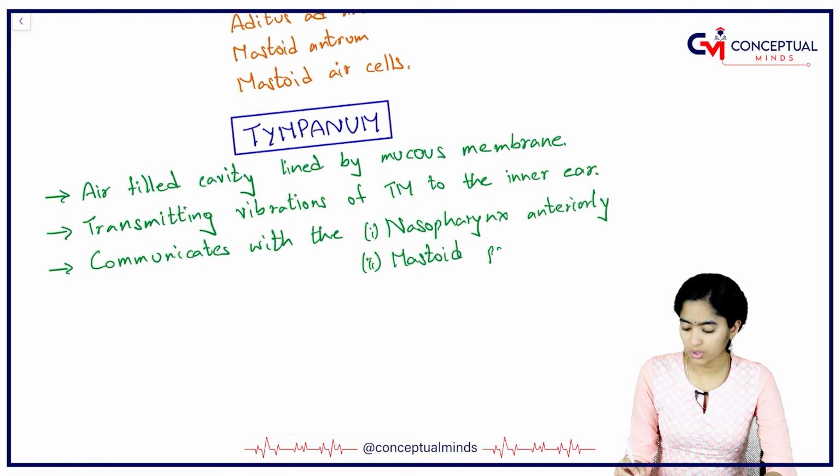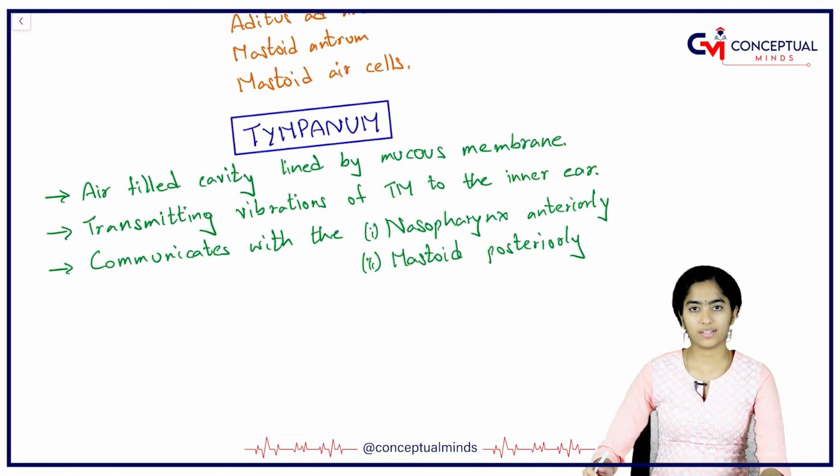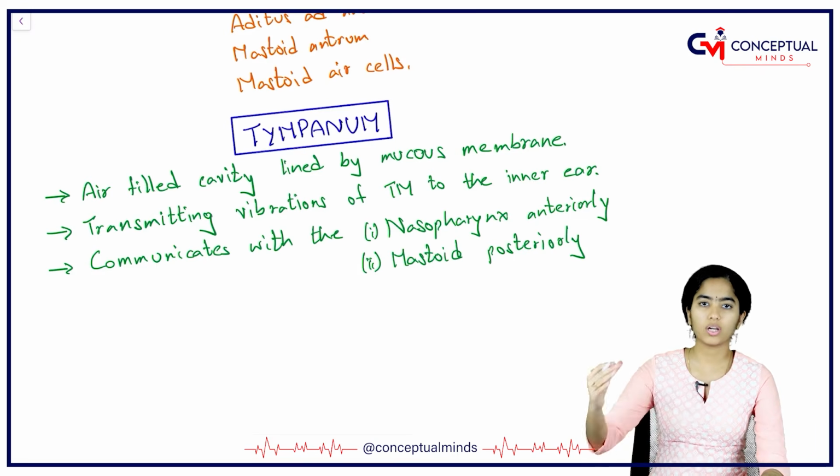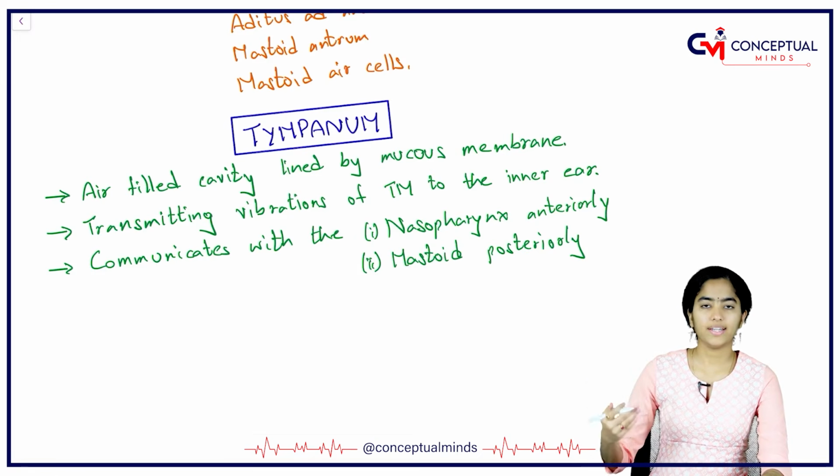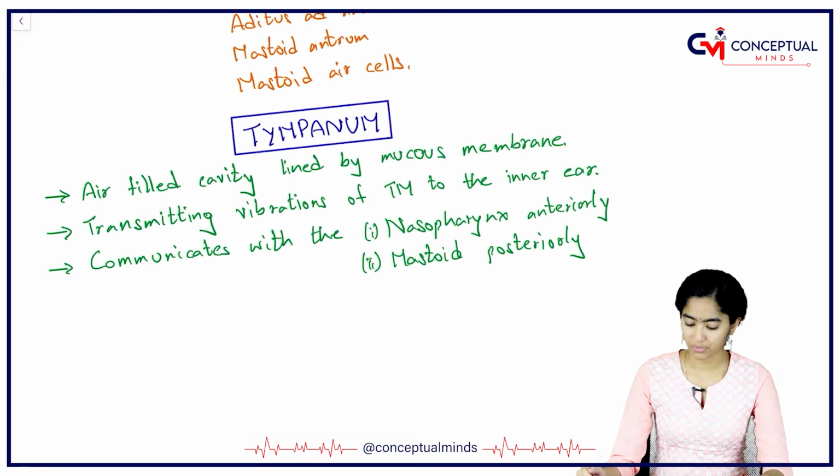These are the two communications of the middle ear. I told you the middle ear cleft, that is why we call, because they are all continuous with each other. The eustachian tube, middle ear cavity and the mastoid behind. Okay.